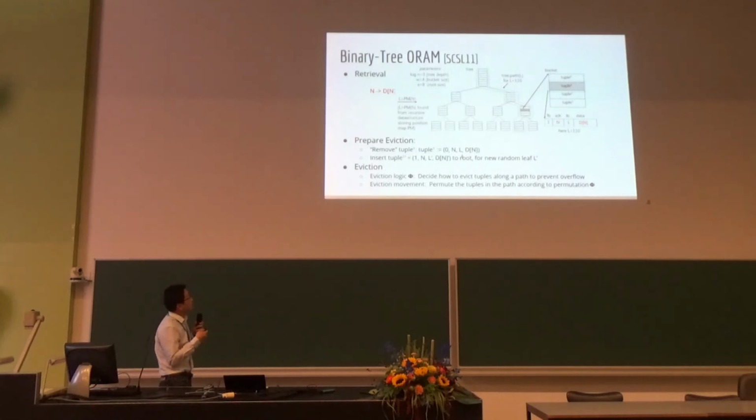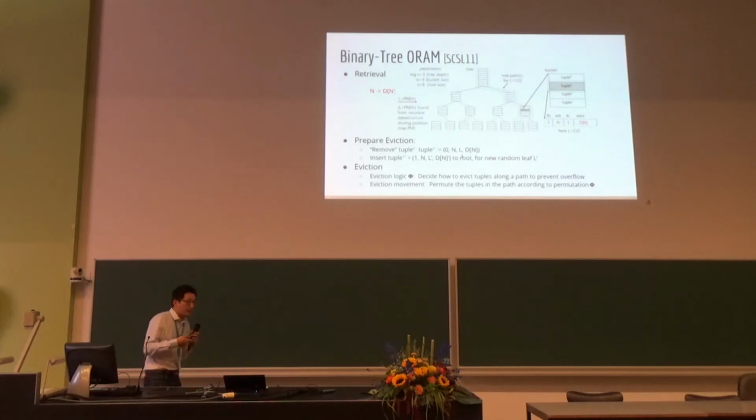Now to access some data block dn at address n, first with this address n, we will be able to locate a tree path that is guaranteed to contain your data block. At this point, what we need to do is just a linear scan on that tree path to find the data block dn you want to retrieve.